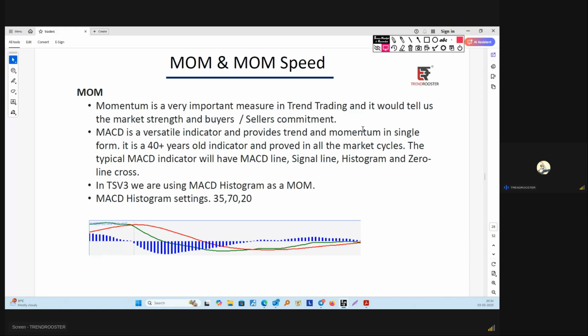So I was tasked to find a smoothed momentum. I know that MACD has been there for long enough, and people use it in different ways. I found that the MACD histogram is a pure way of measuring momentum, and henceforth I use mostly the MACD histogram, which I call MOM. It works exactly as it is.